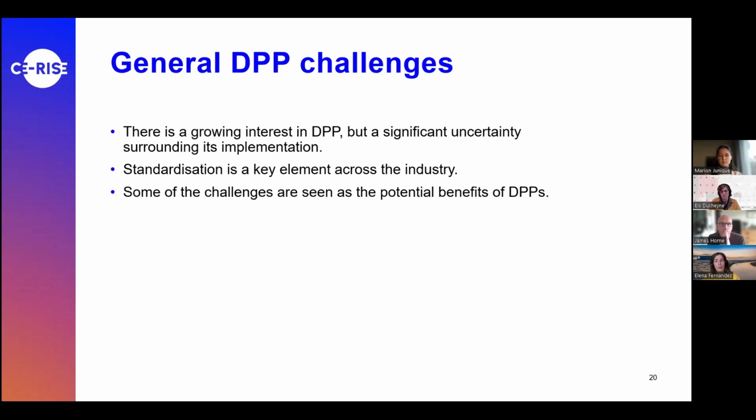So for example, when I said that data availability is a big challenge because of the challenge of tracking the supply chain, this is also seen as the main benefit for many producers, as they do want to have more information about their supply chains, and they see that digital product passports can really help with this.